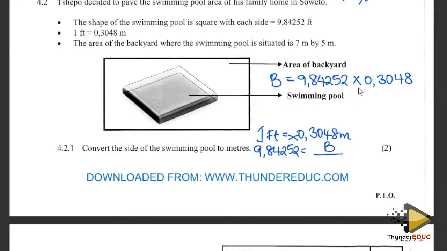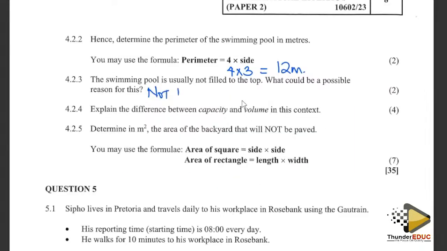The reason why I have a B here is because 1 times B, you get B. That's straightforward. So 9,84252 times 0, not 2 over, not over 4, like water spilling, you know.